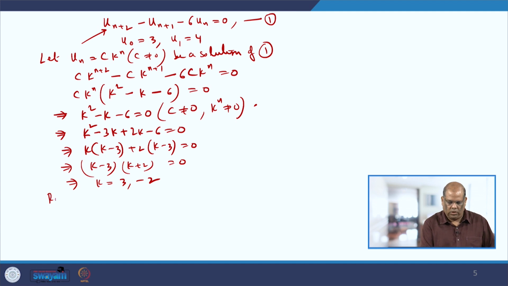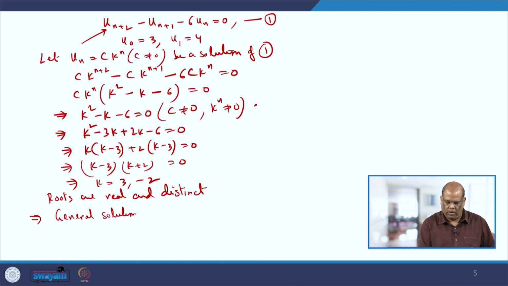So, the roots are real and distinct, and this implies the general solution is un equal to a (minus 2) to the power n plus b 3 to the power n, where a and b are arbitrary constants.